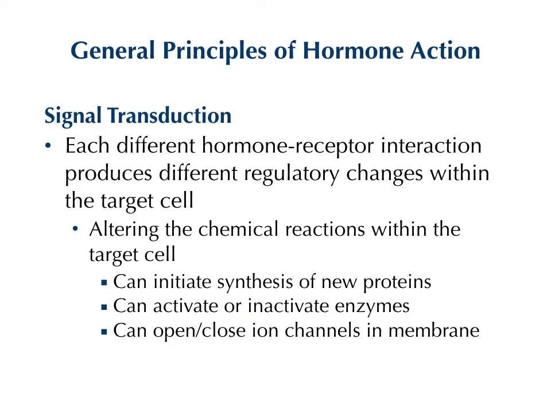For example, some hormone receptor interactions initiate synthesis of new proteins, while other hormone receptor interactions will trigger either the activation or inactivation of certain enzymes and will thus affect the metabolic reactions that are regulated by those enzymes. Still, some other hormone receptor interactions will regulate cells by opening or closing specific ion channels in the plasma membrane.